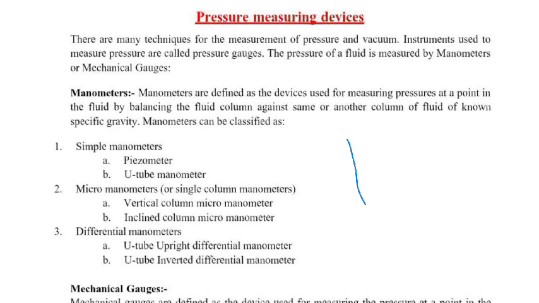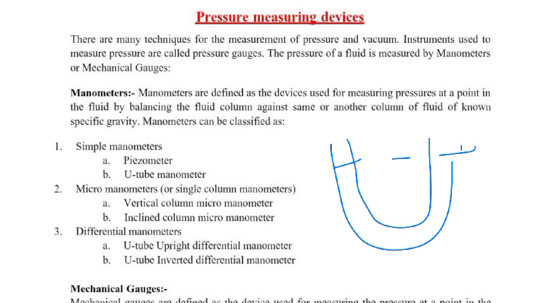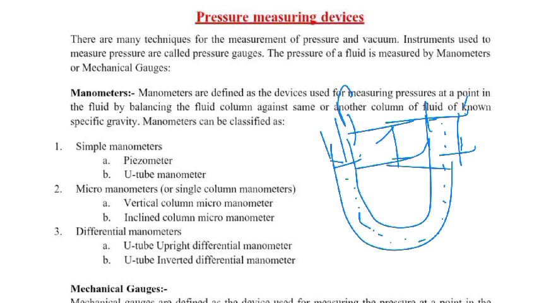Suppose this is a U-tube manometer like this. Initially, the level is the same. When pressure is applied on this side, this liquid starts to go down and here the liquid moves up. This is the new level, and this height is h.